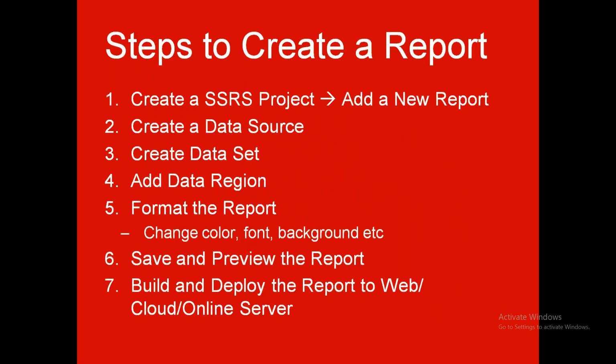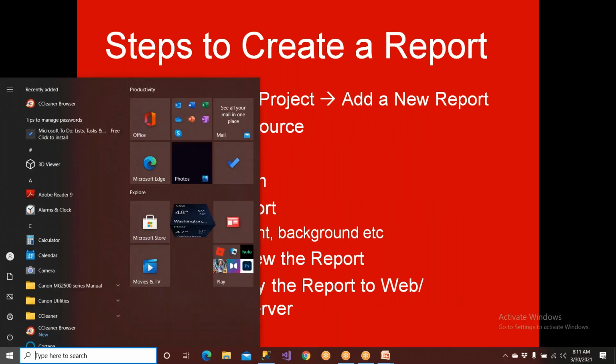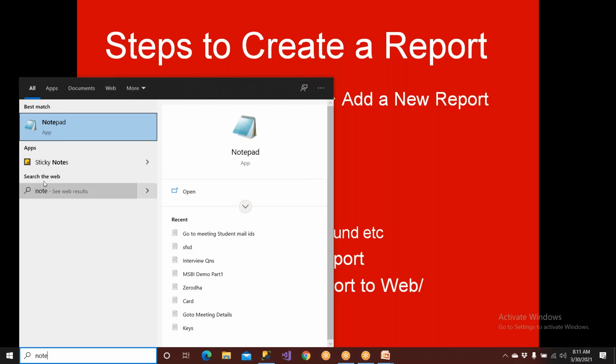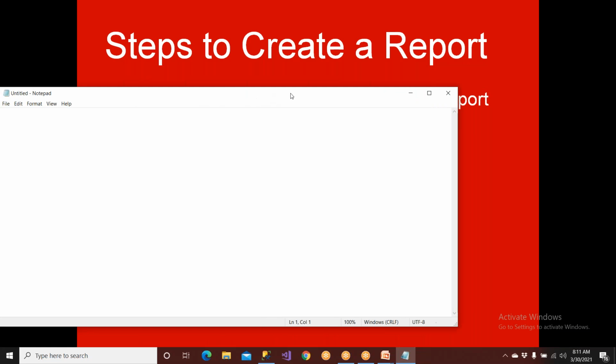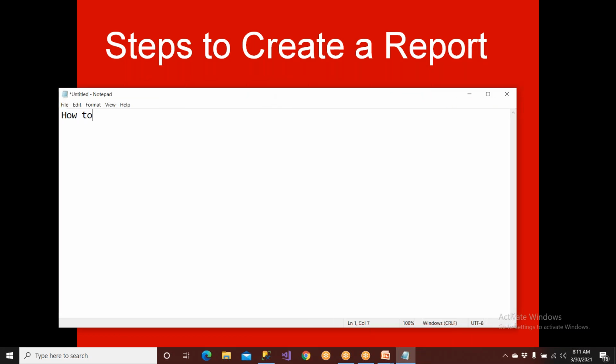Today I'm going to show you how to create an SSRS project. It's very, very simple. Go to Start. What am I going to be discussing now? How to create an SSRS project. So this is what we're going to be doing now.